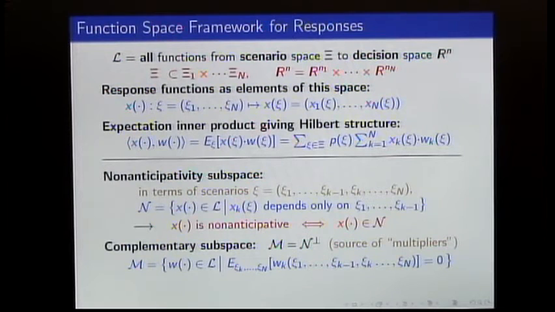They are the functions such that they have a martingale-like condition that the expected value for the component at stage k, the expected value with respect to future information, is 0. And so these are orthogonal to the other. If you know M, you get N, and so forth. This is the usual kind of duality of orthogonal subspaces.